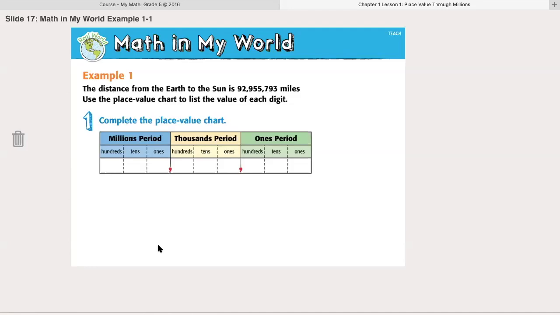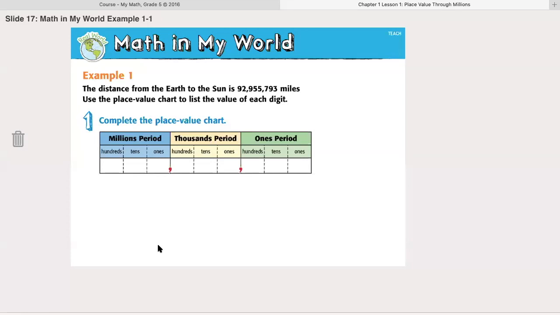Math in My World, example 1. The distance from the Earth to the Sun is 92,955,793 miles. Use the place value chart to list the value of each digit. This is what it was mentioning before.